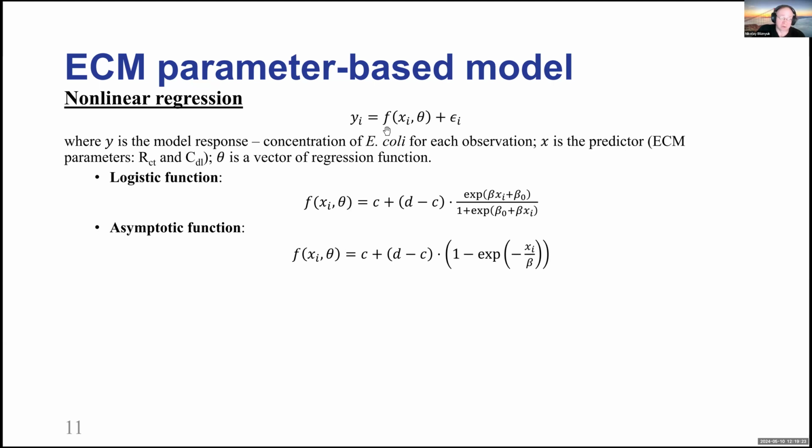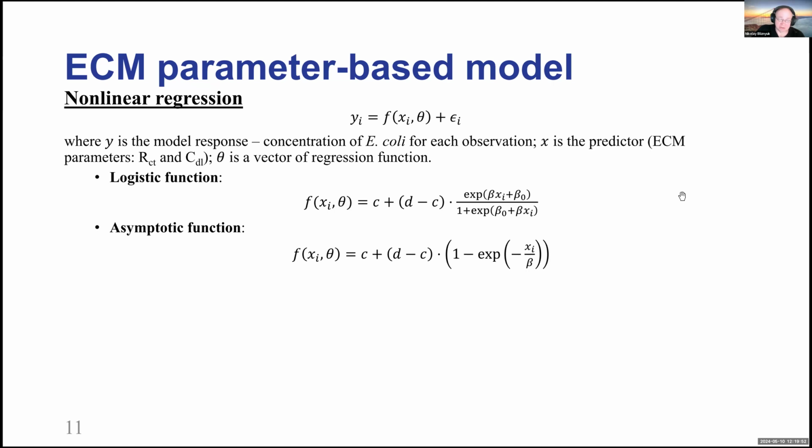Now, what to use for this f? These are parametric functions, and this xi would be, say, one of these equivalent circuit model parameters. In the literature, people have used a modification of the logistic distribution function. If you look just at this ratio, what you will see is something like a logistic distribution function.